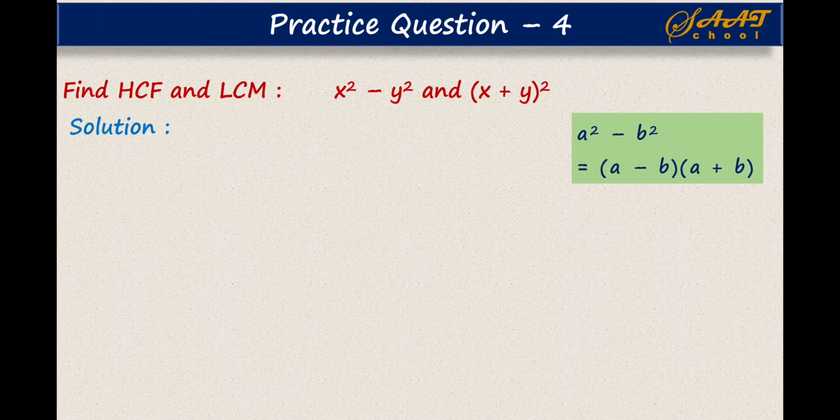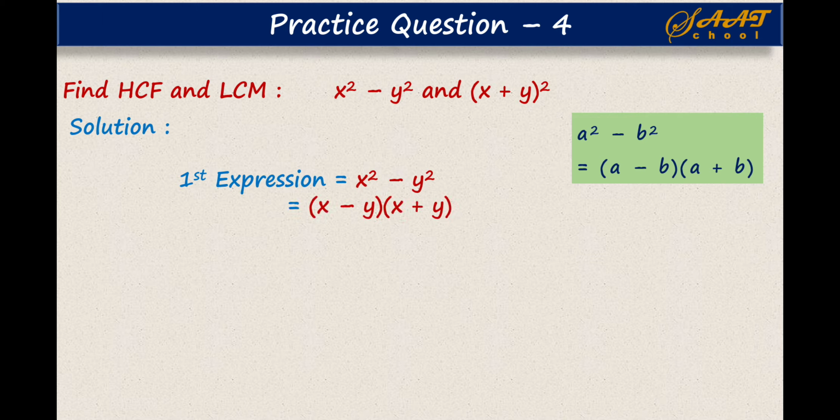Now you can write here x minus y, x plus y. The second expression is x plus y whole square, and you can simply write x plus y, x plus y.